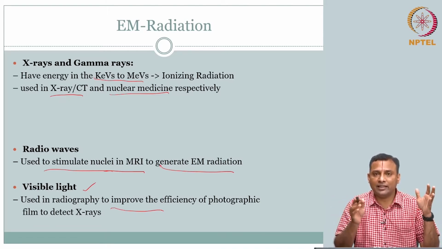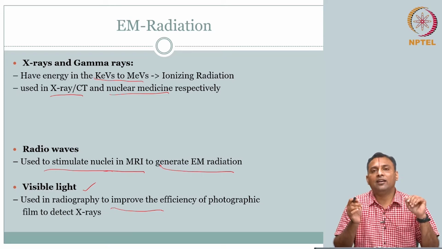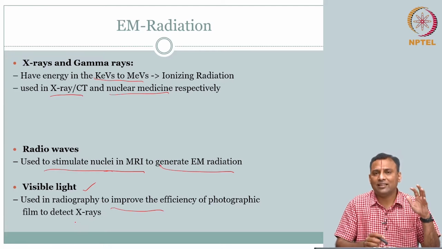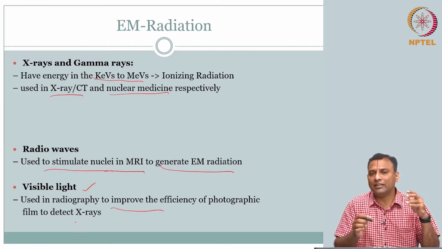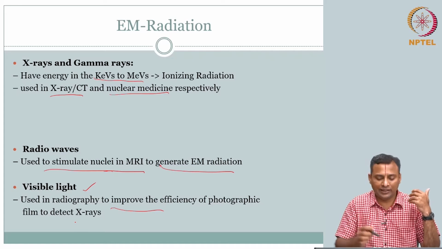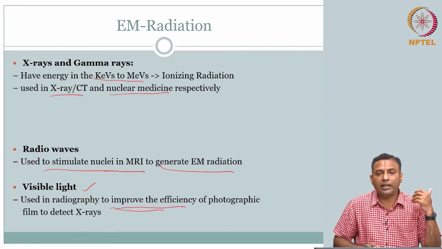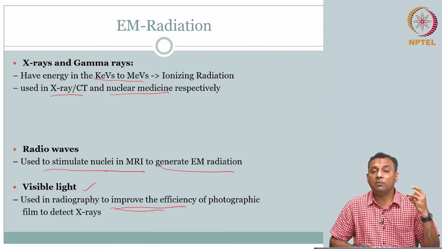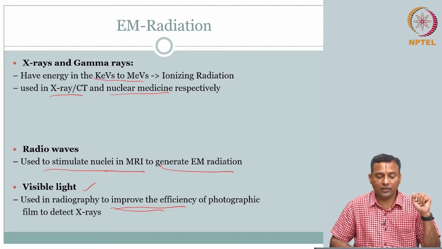So, clearly X-rays can spoil a photographic film, but to capture X-rays, that means to detect X-rays, by itself it is inefficient, and therefore, in order to improve the efficiency, you will exploit the visible light photons, okay, photons in the visible light region.